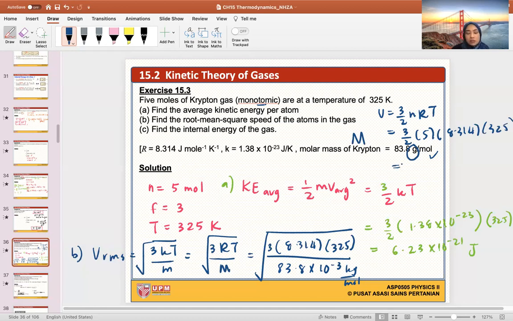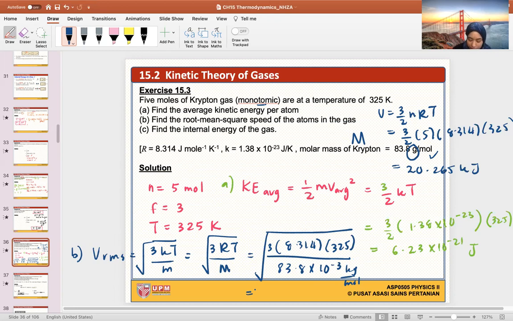Let's use the calculator now. 3 over 2 times 5 times 8.314 times 325 is 20.265 kilojoules.